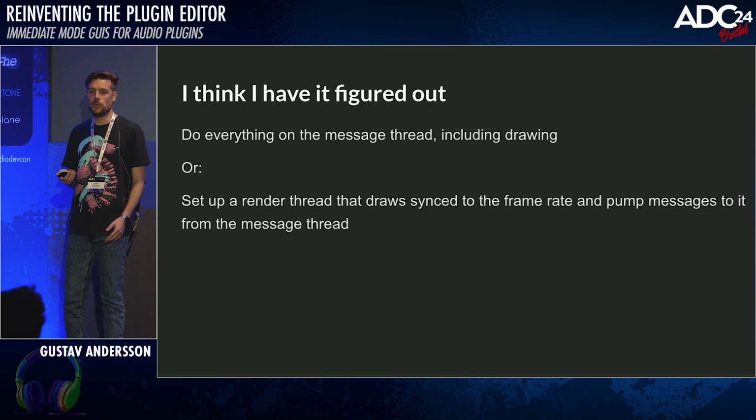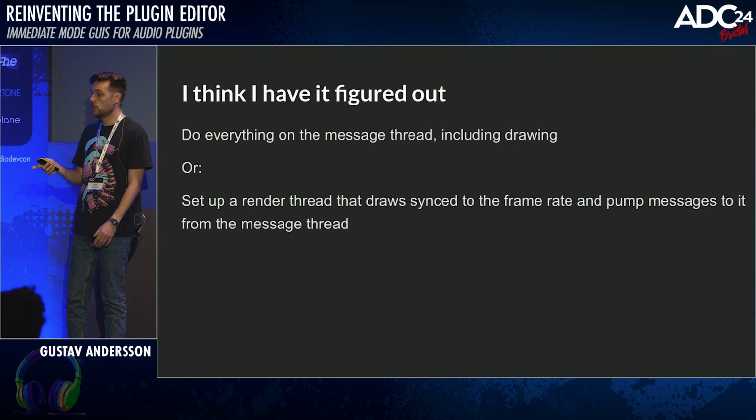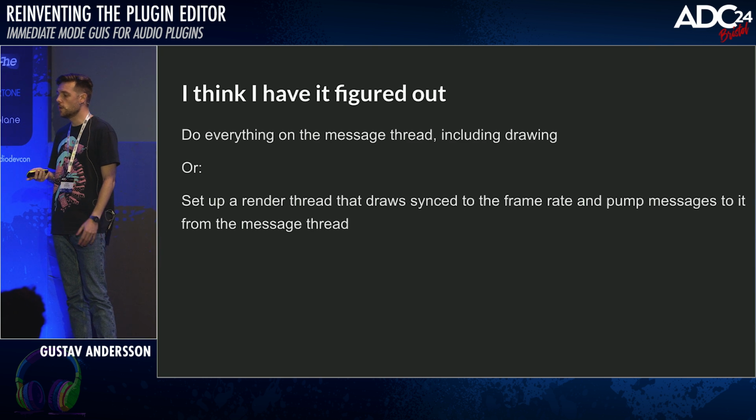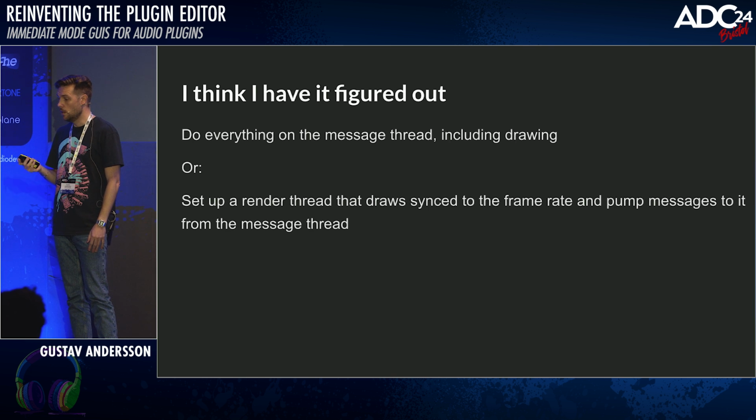One is you don't create any threads, so you do everything on your message loop, all the drawing, all the event handling. Or you create a render thread, as I did, but you still need to handle all the messages on the message thread, and then you pipe them through some sort of queue to your renderer thread. And then you would need some locking or syncing when you're drawing and when you're creating and destroying windows.